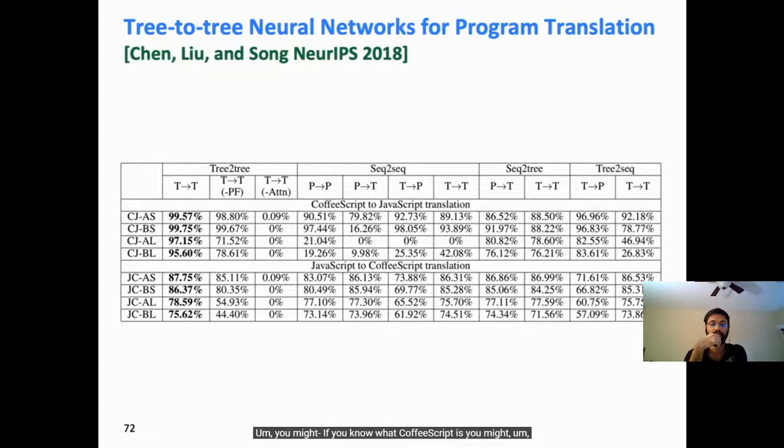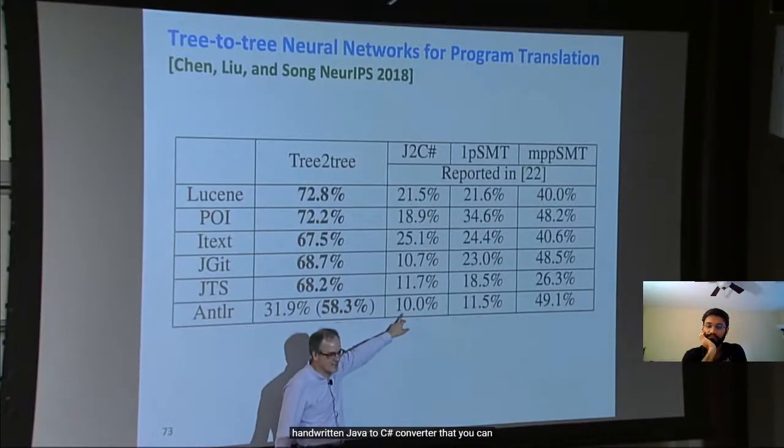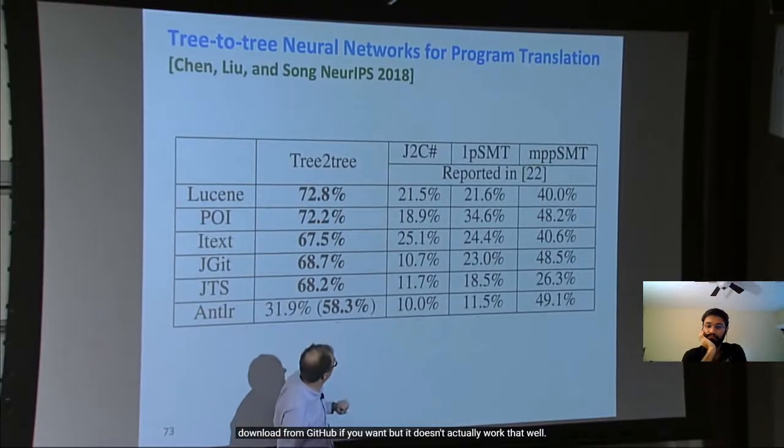If you know what CoffeeScript is, you might feel like, wait, that's cheating slightly because CoffeeScript is a bit too similar to JavaScript. But they've also done it in other languages. So this is going between Java and C#. And this is a handwritten Java to C# converter that you can download from GitHub if you want, but it doesn't actually work that well.